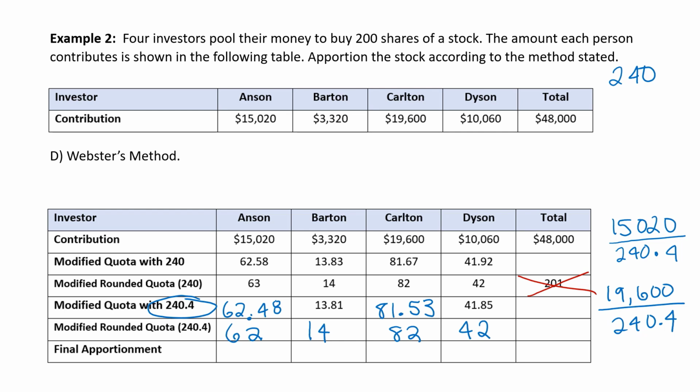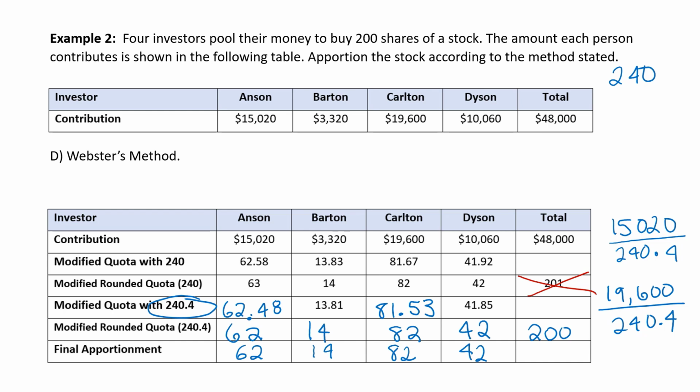The sum of those four apportionments is 200. So the final apportionment, according to Webster's method, 62 for Anson, 14 for Barton, 82 for Carleton, and 42 for Dyson.